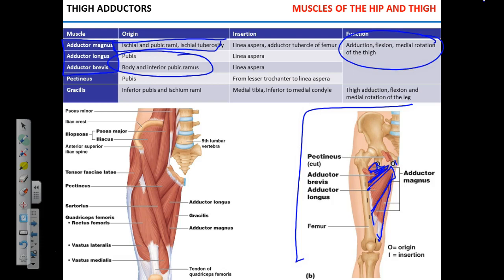Okay? The part of it. 13 is adductor longus, and 12 should be adductor brevis, but 12 is barely visible. Does that make sense? Can you see them?